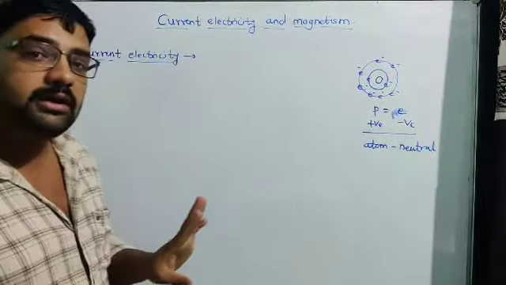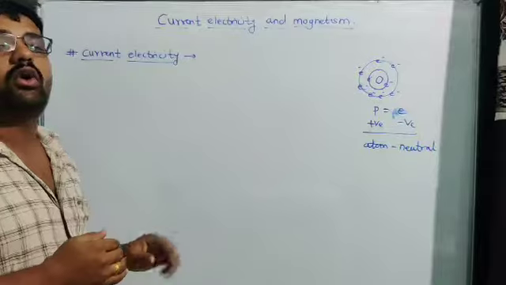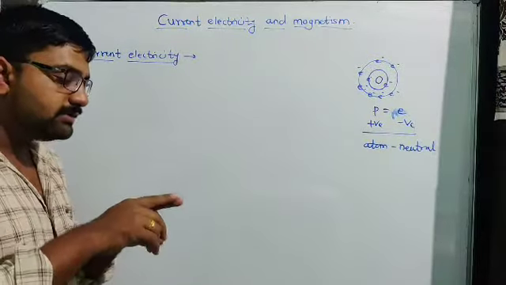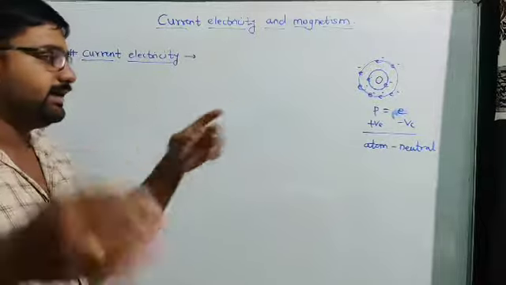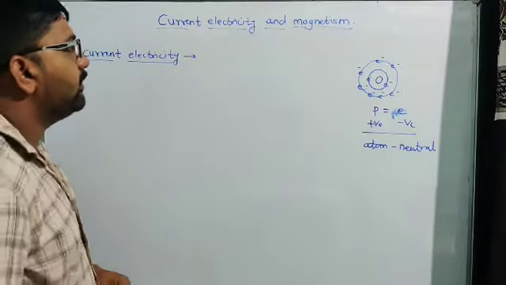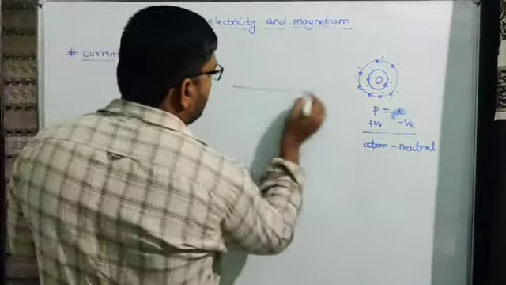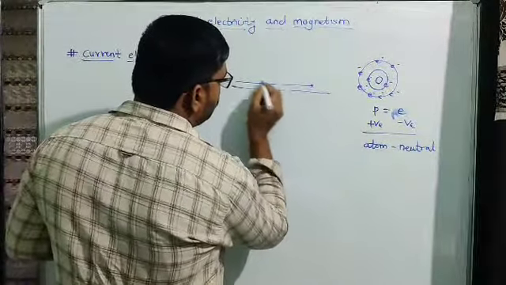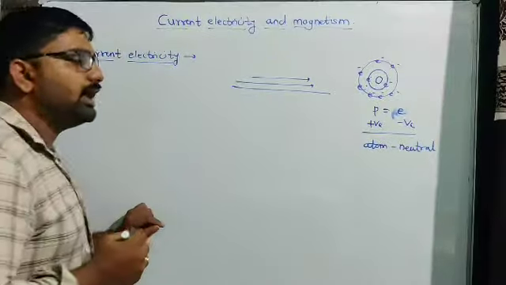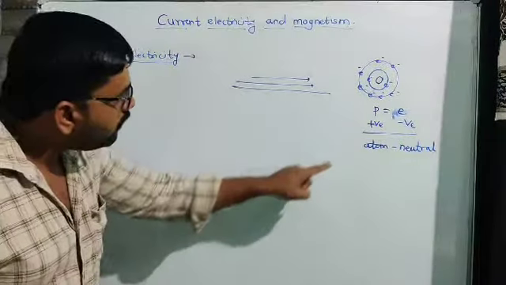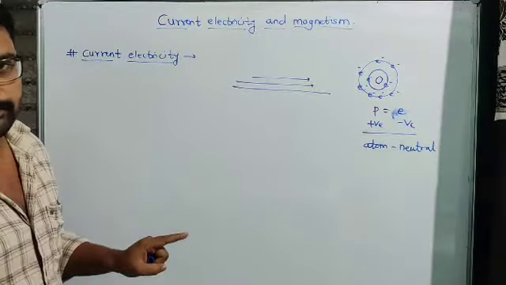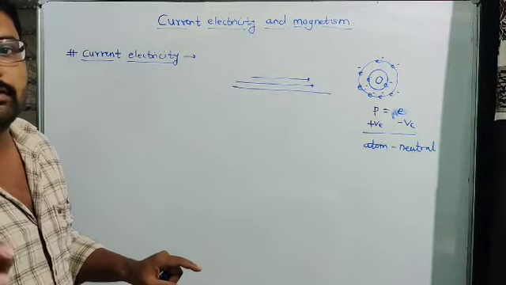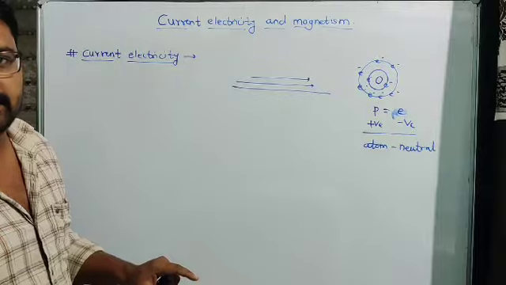But if these electrons start to move, suppose we take an electric wire, and one electron is here and it starts to move in this direction, then simply the flow of electrons is called electricity.